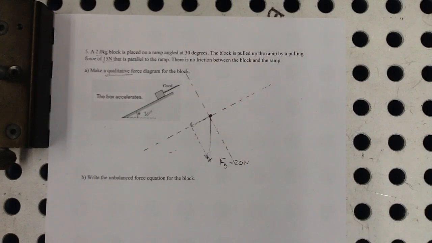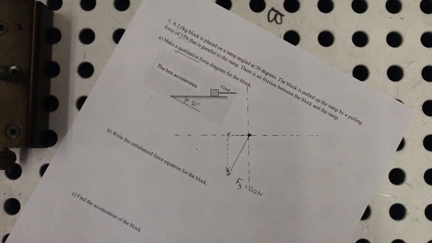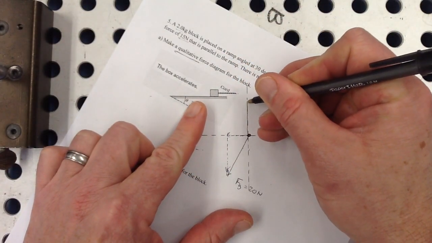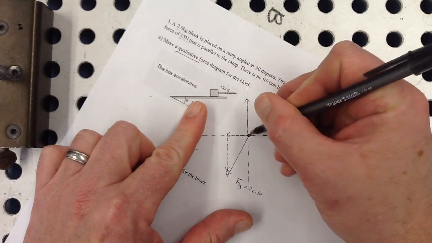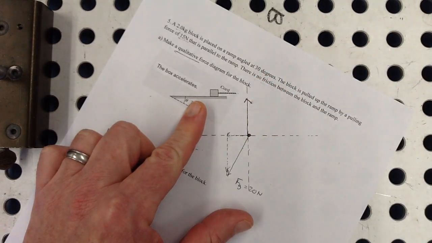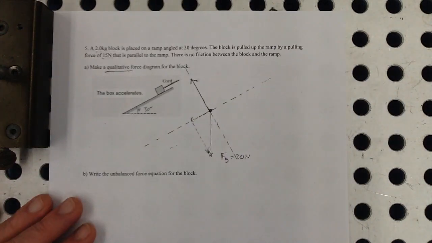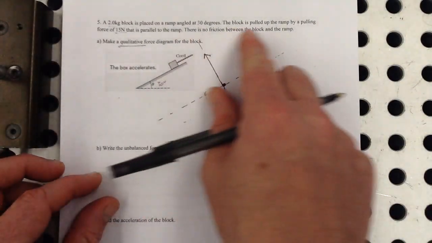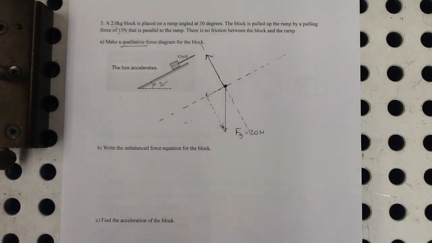I'm going to tilt it back now. The support force, actually, keep it like that for just a sec. Support force, ramps, and such things like that can only support perpendicular to themselves, so that would be like that. And there's no friction, so that's it.